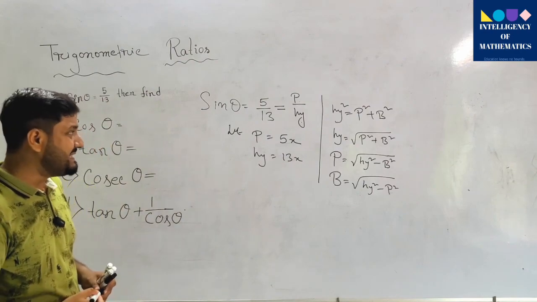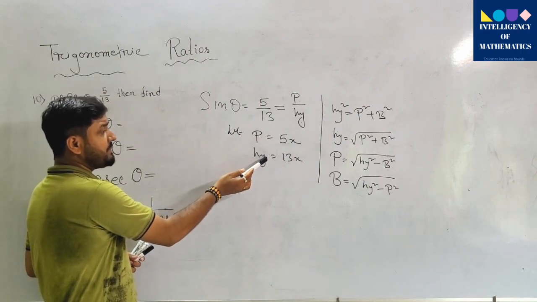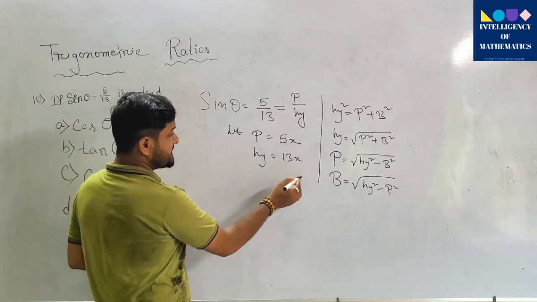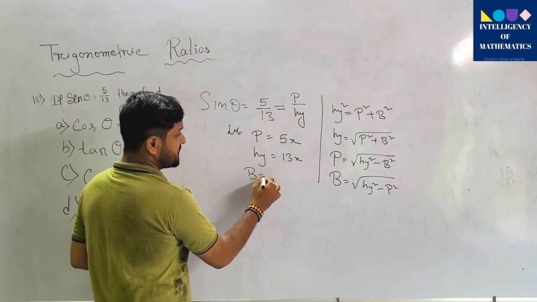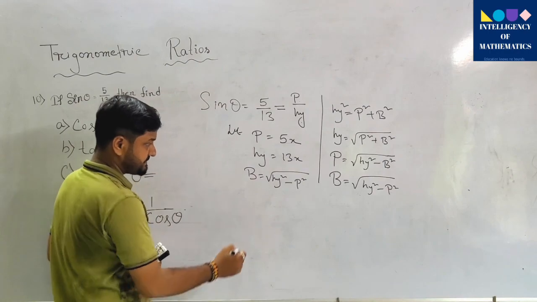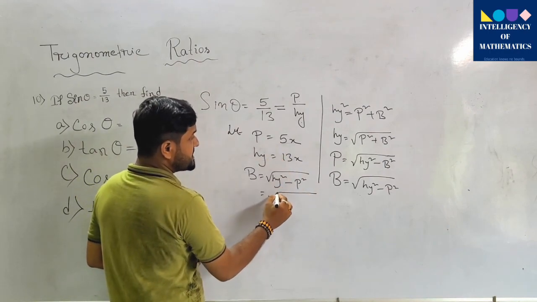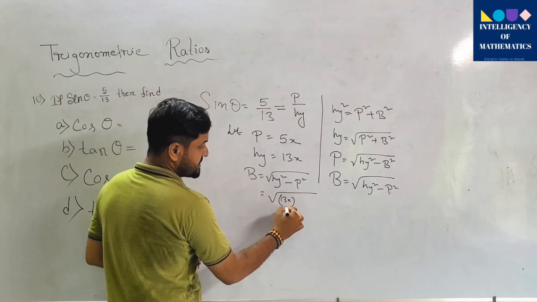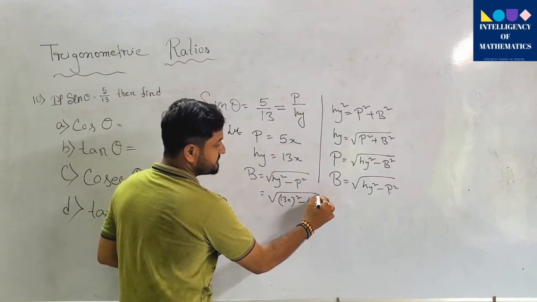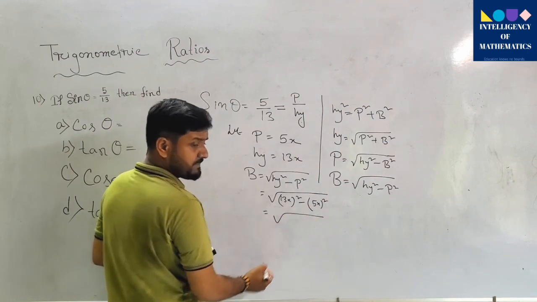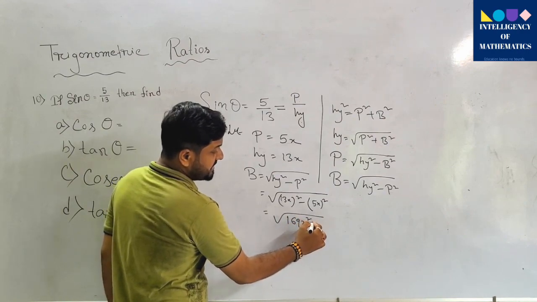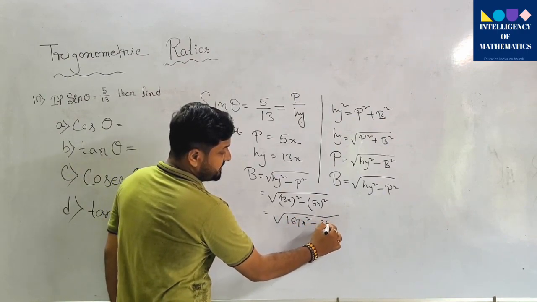Now in this sum, perpendicular and hypotenuse are both given, so I need to find the value of base. We use the formula: base equals root over hypotenuse square minus perpendicular square. The hypotenuse is 13x and the perpendicular is 5x. So root over 169x square minus 25x square.